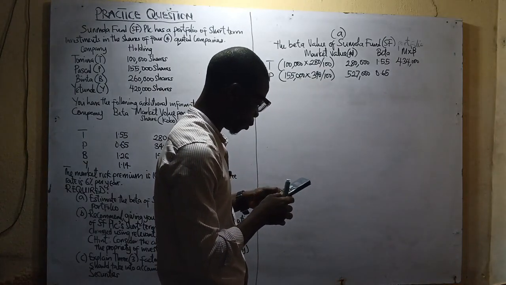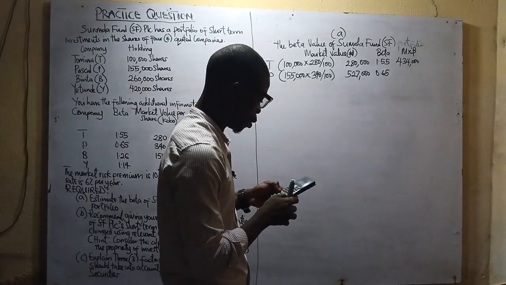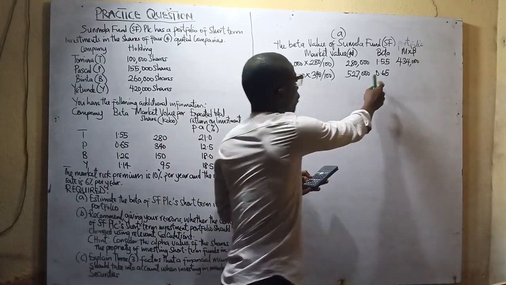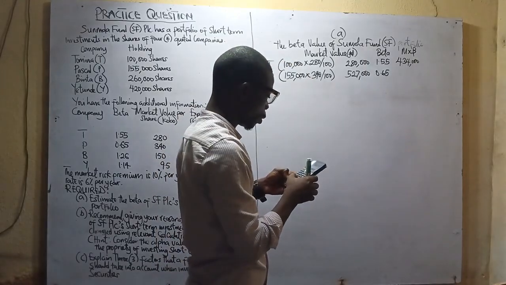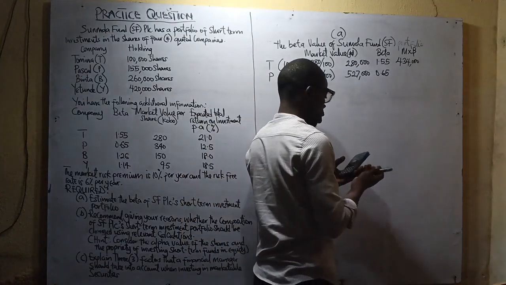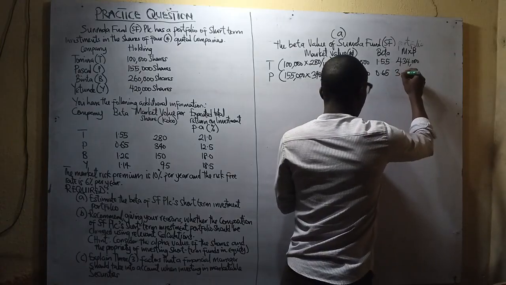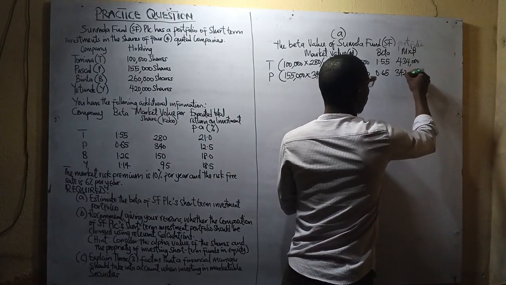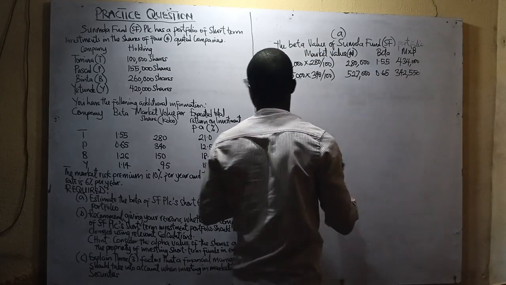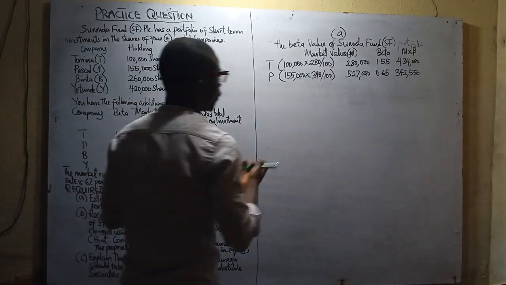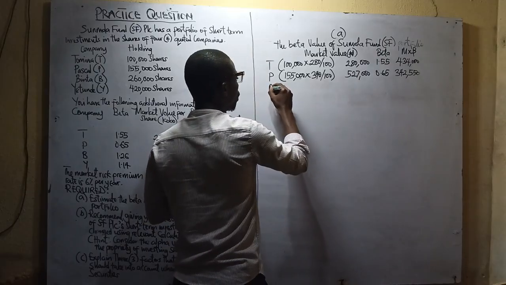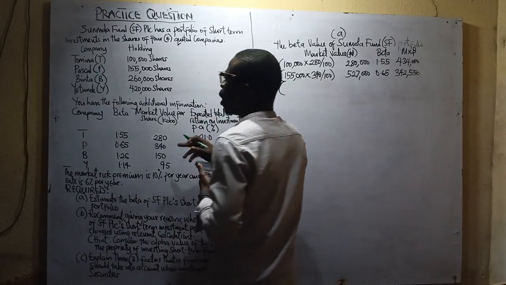342,550. So let's go to this third investment now, which is B. So how many shares do they have in B?